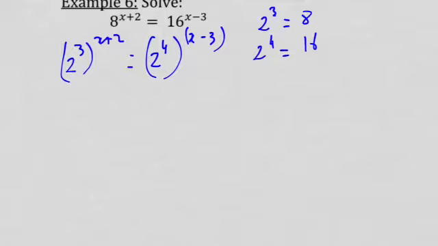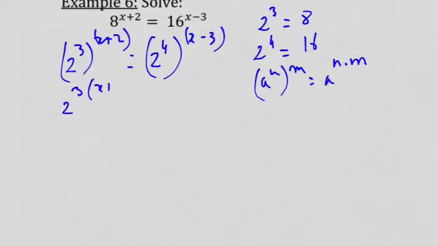I'm going to use my parentheses. And then I'm going to use my rule of exponent, and I'm going to rewrite again right here, a to the n to the m equals a to the n times m. I multiply the exponents together. So 2 to the 3 times x plus 2 equals 2 to the 4 times x minus 3. And now I have exactly the same base.